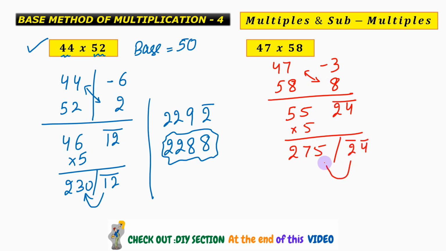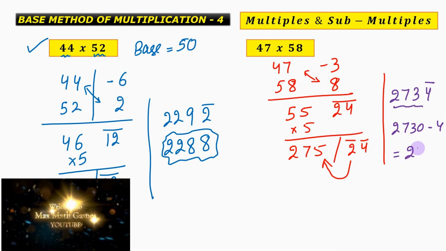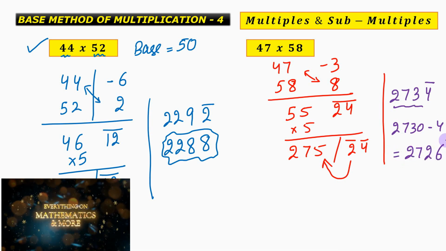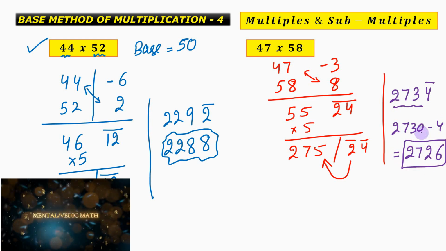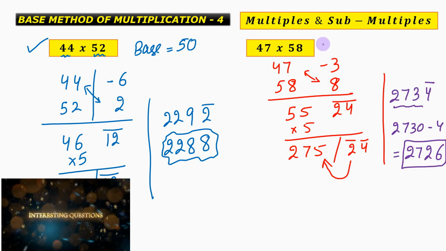This 2 bar will get transferred over here, and hence we get 2734 bar. Now this is equal to 2730 minus 4. So we can write down the answer as 2726, and this, my friends, is equal to the multiplication of the two numbers 47 and 58.